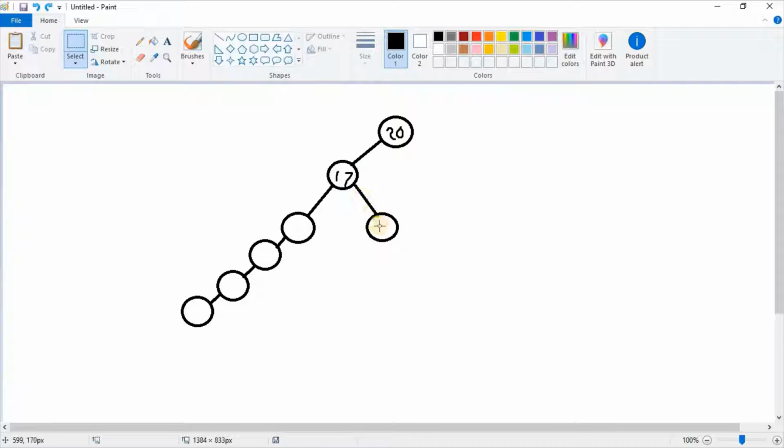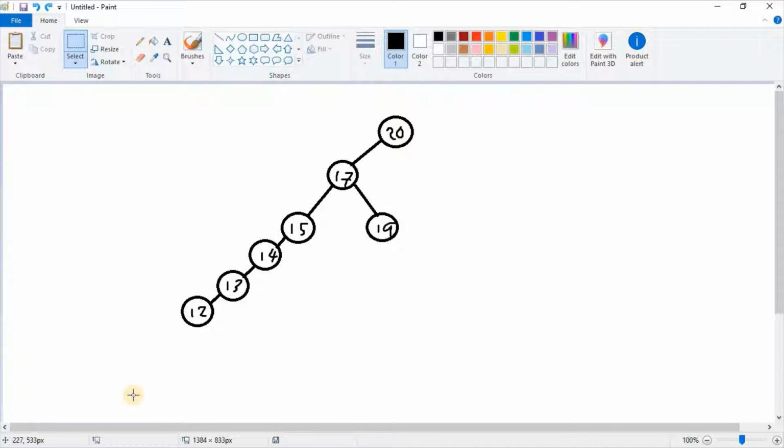Now we need a number greater than 17 but less than 20, so we are keeping a number like 19 over here. And then, just like what we have done over here, we are keeping another number lesser than 17 over this part. And then let's take 15 over here, and a number smaller than that over there, and then another number smaller than that, and like that. We have given all the numbers over here.